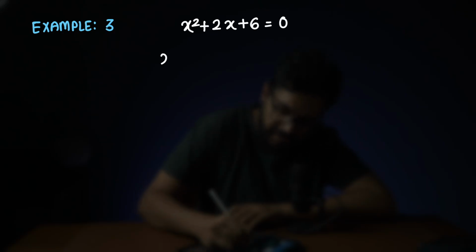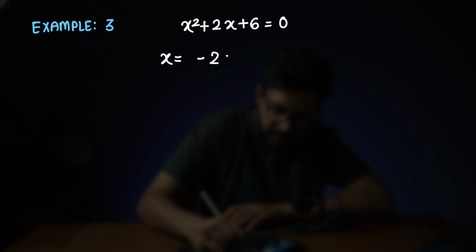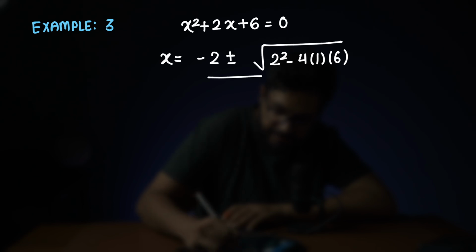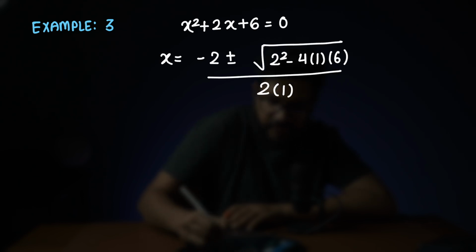Now, coming to the third example, x square plus 2x plus 6 is equal to 0. Again, applying the quadratic formula, we get minus 2 plus minus root of 2 square minus 4 times 1 times 6, divided by 2 times 1.